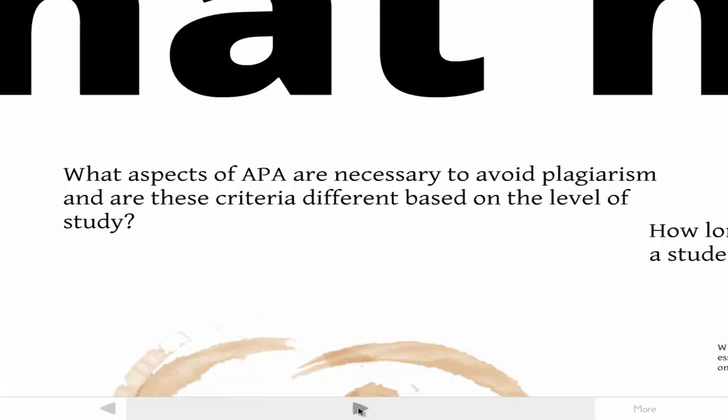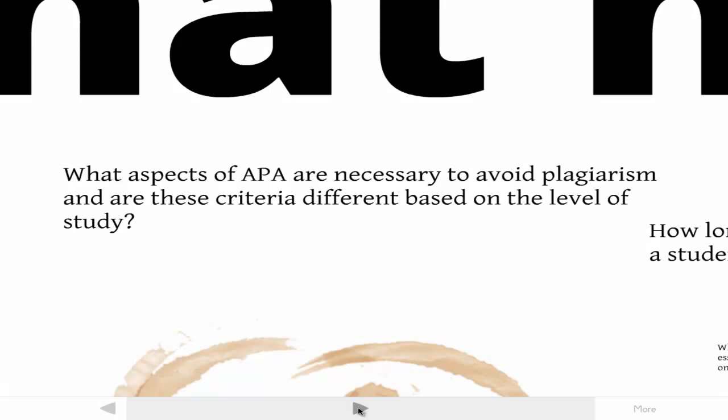There probably needs to be a minimum of APA that we require, depending on our students' level of knowledge and readiness, and we need to accept a minimum of what we expect our students to be able to use.